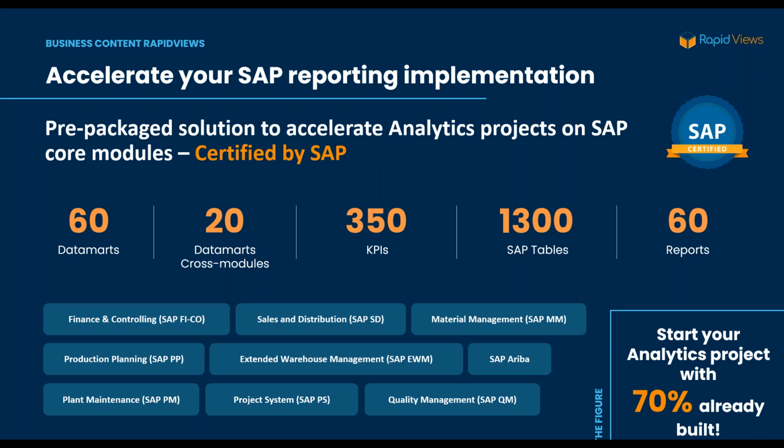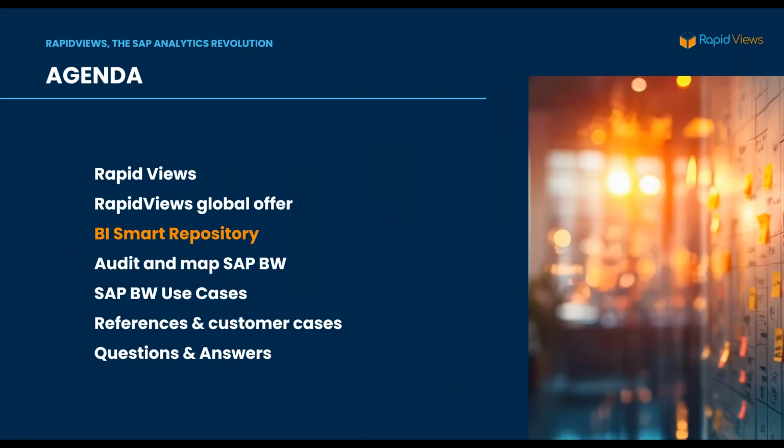Again, on the core SAP modules like FICO, SD, MM, PP, EWM, Ariba, PM, PS, and QM. Through this business content, we accelerate the analytics project deployment because about 60–70% of your project is already built. That is what we call the business content.